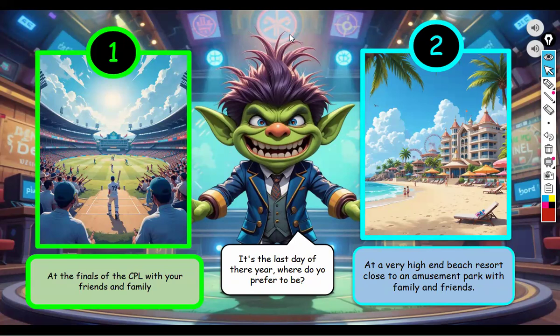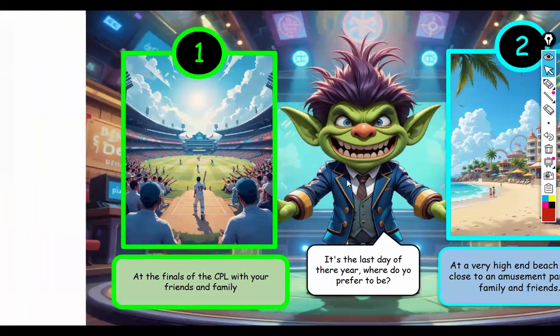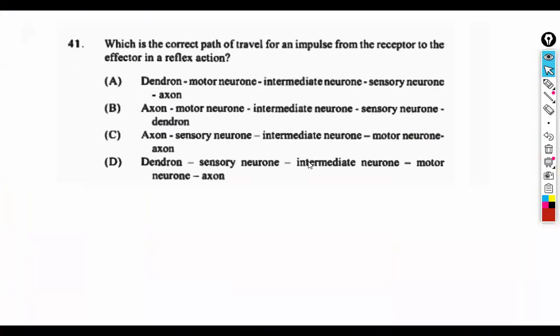So for the people who chose the resort, 10 points. For the CPL people, the cool people, 0 points. All right. Let's go, guys. Write down the amount of points.